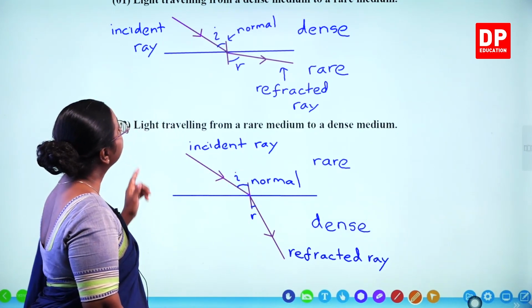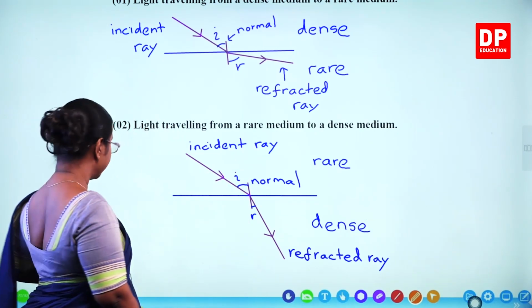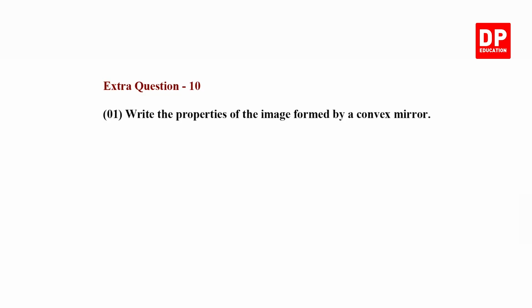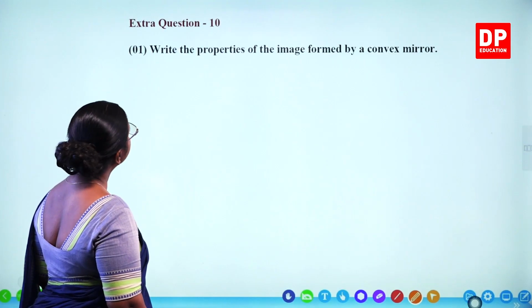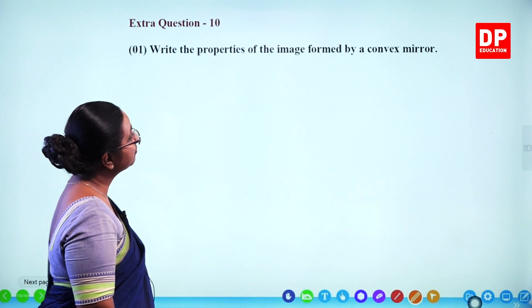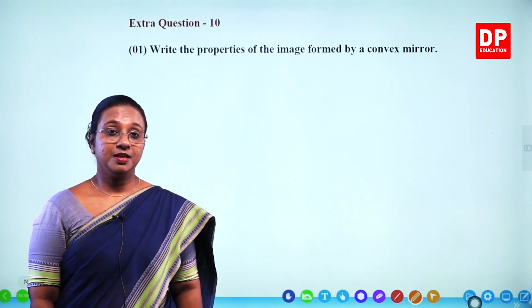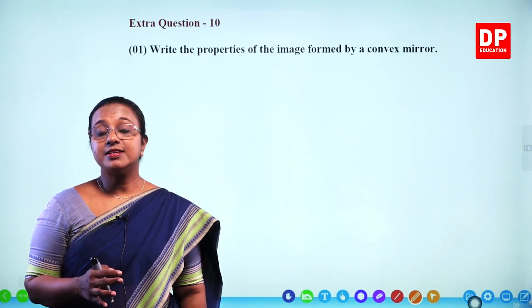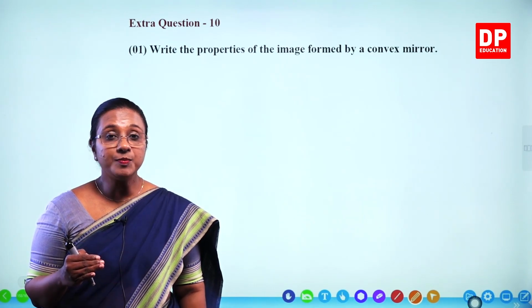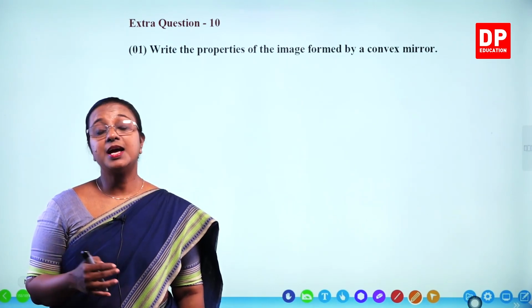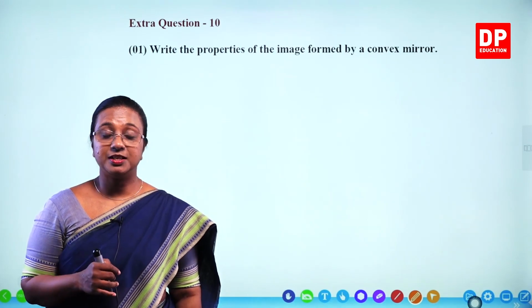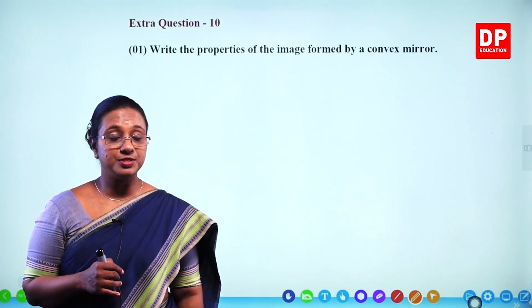So with that, I will move on to the next question. Extra question 10. Write the properties of the image formed by a convex mirror. You all know convex mirrors always form the same type of image irrespective of the position of the object.